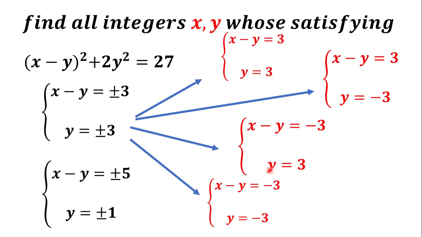Solving these systems of equations is easy. In the first system, we replace y by 3, so x equals 6. 6 and 3 is one of our answers.